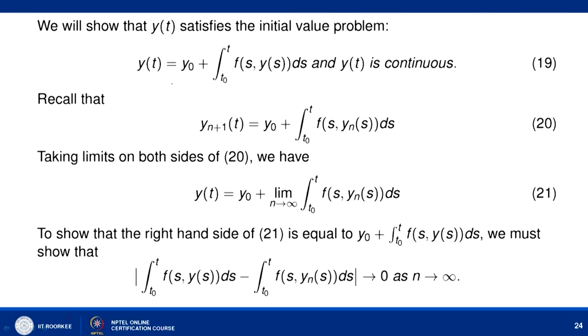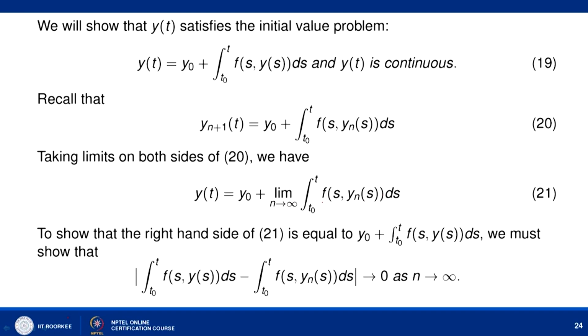To show this, let us recall the equation y_(n+1)(t) = y_0 + the integral from t_0 to t of f(s, y_n(s)) ds. Now if you apply the limit here, then what will the limit be? Since the limit of y_(n+1)(t) is y(t), and y_0 is independent of n, if we take the limit it is given as y(t) = y_0 + the limit as n tends to infinity of the integral from t_0 to t of f(s, y_n(s)) ds.